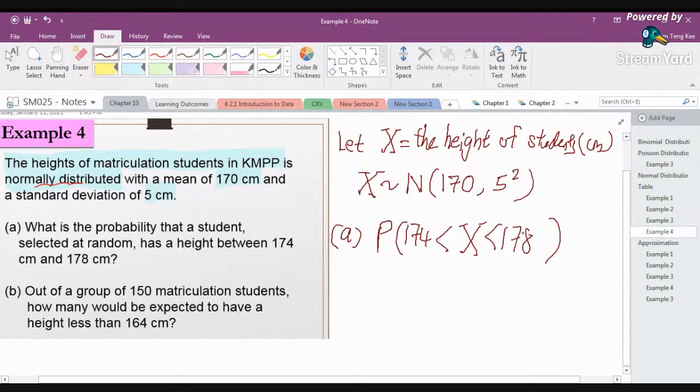No equal sign, because between doesn't involve 174 and 178. Next, we go for standardization: 174 minus the mean divided by sigma, X turns into Z, and 178 minus the mean divided by the standard deviation.